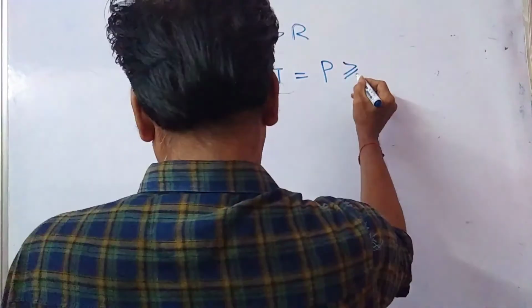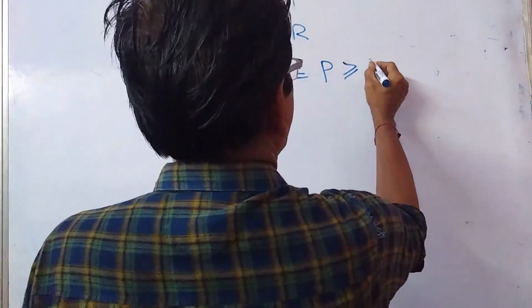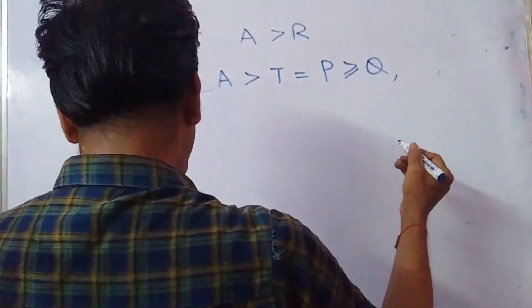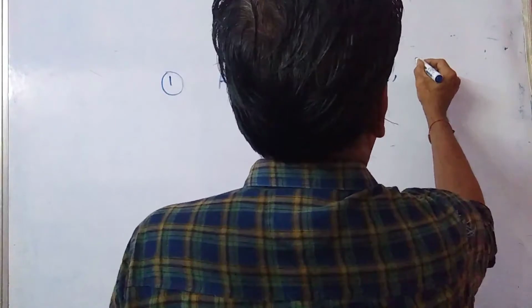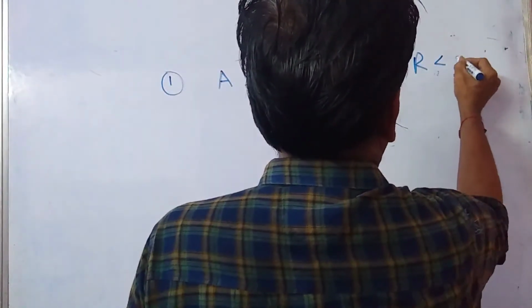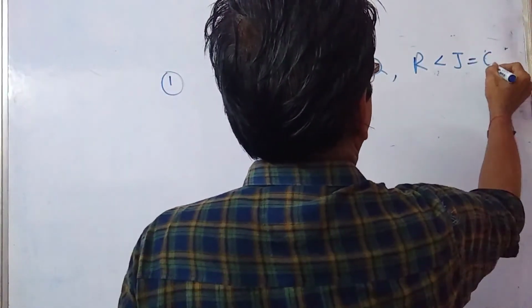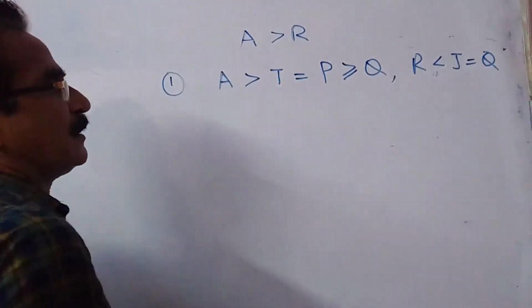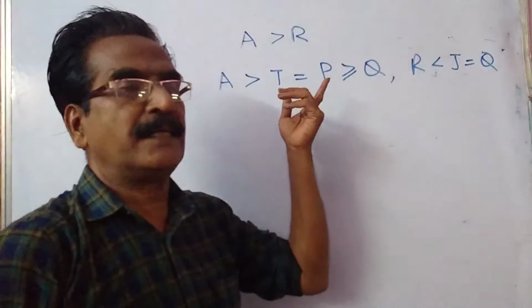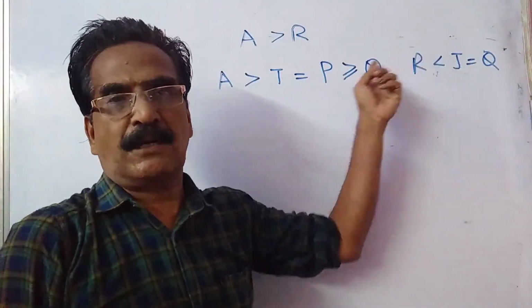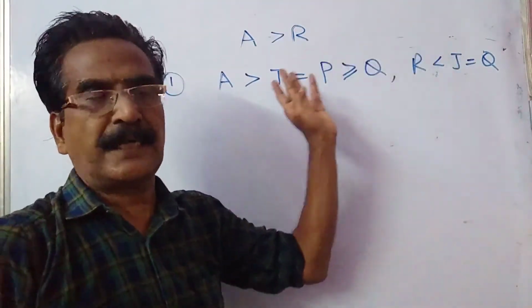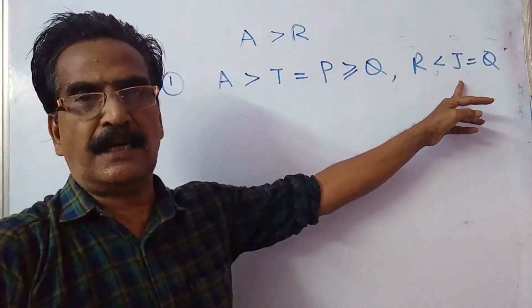P greater than or equal to Q, comma, R less than or equal to Q. So in the first option, these two statements are given.